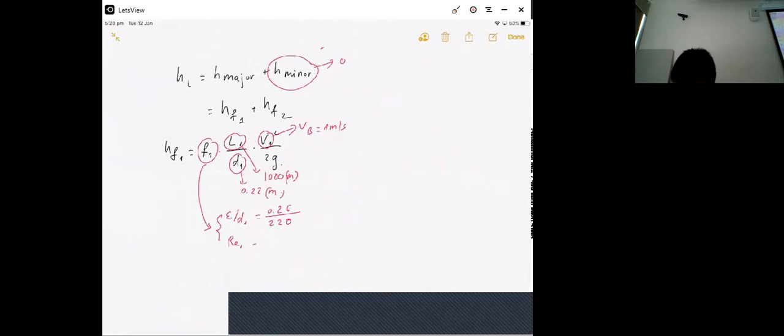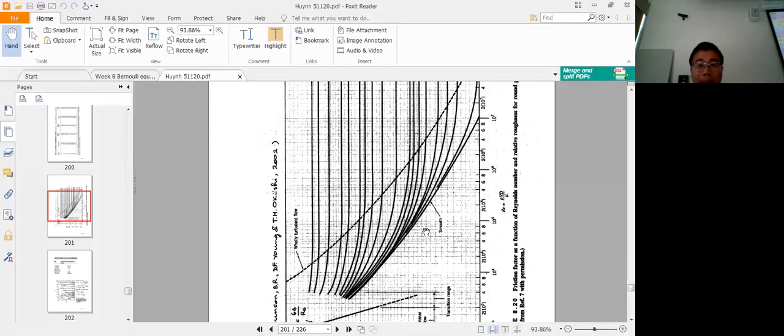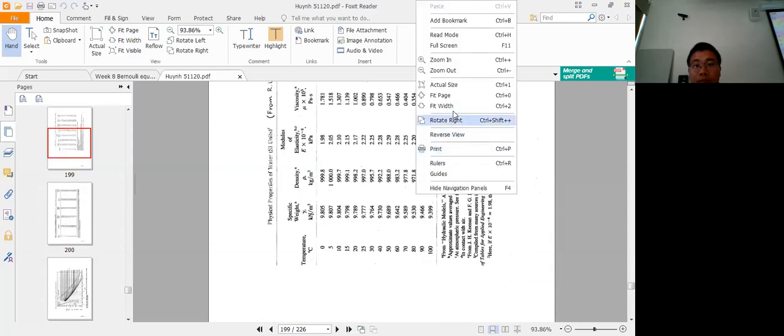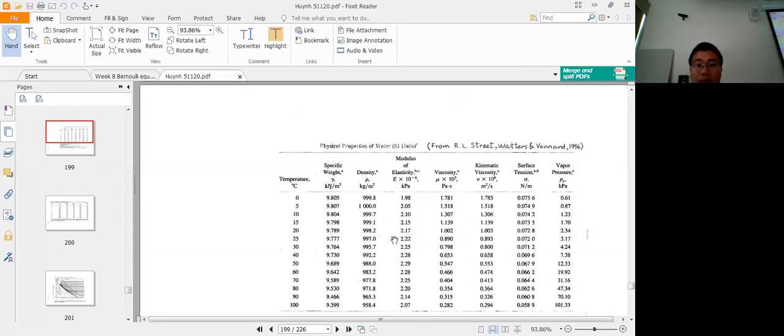Reynolds number 1 equals rho1 V1 D1 divided by mu1. With rho1 1000, V1 is VB, 1 meter per second, D1 0.22 meter, and mu1 from the viscosity of water.